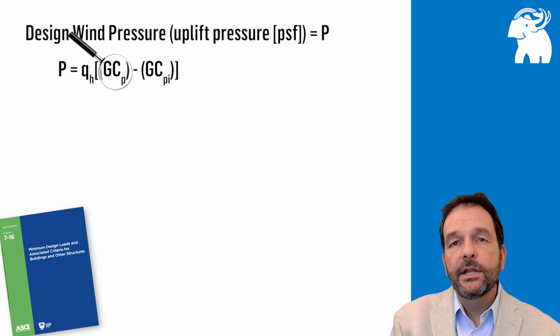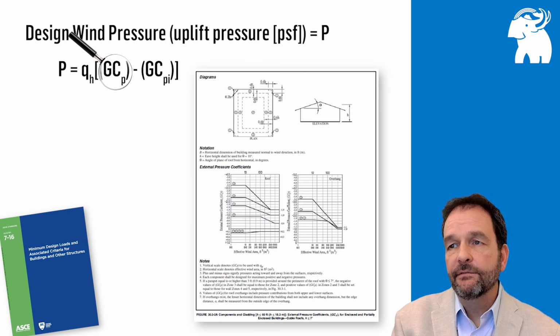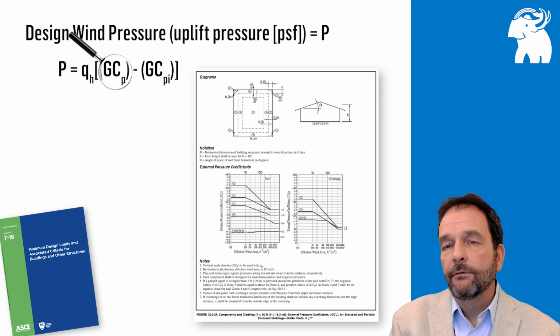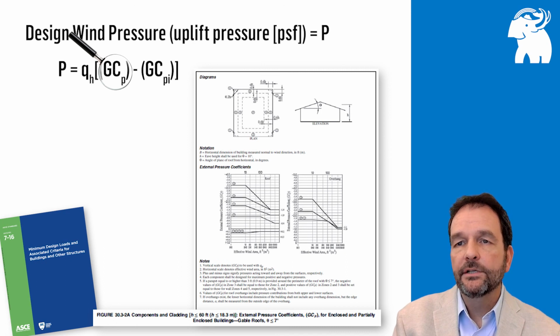There are big changes between ASCE 7-10 and ASCE 7-16 for low slope roofing. For example, for typical low slope roofs, we refer to figure 30.3-2A in ASCE 7-16. And for low slopes, again, we're talking about slopes less than 7 degrees with a pitch less than 1.5 inches in 12.